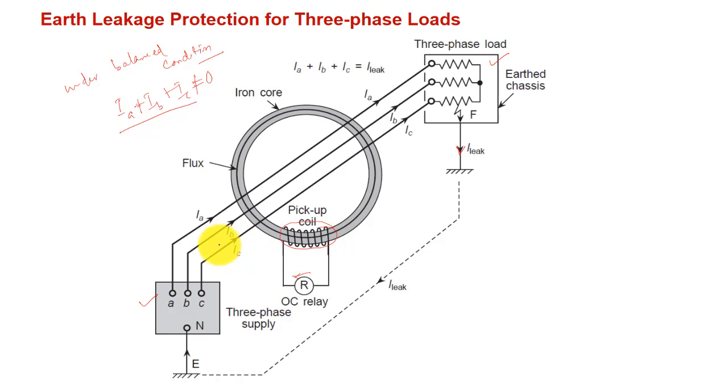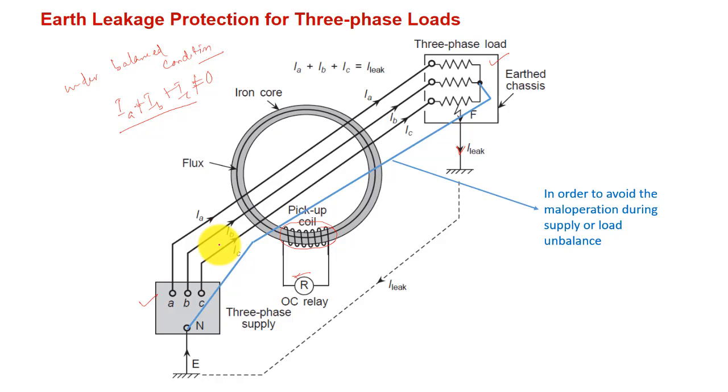Now suppose your supply or load becomes unbalanced, then what happens under that condition? Then there will be a neutral current, right. Unbalance means if there is no neutral wire along with this 3-phase wire, then your net current will not be 0. So there will be some flux in this core, and that will produce an EMF.